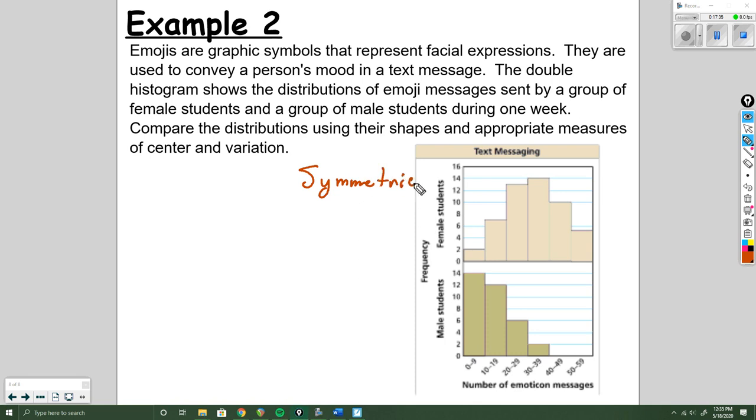Since it is symmetric, we would use the mean and standard deviation to describe the measure of center and variation. If we take a look at the males, we can see that this is skewed to the right.